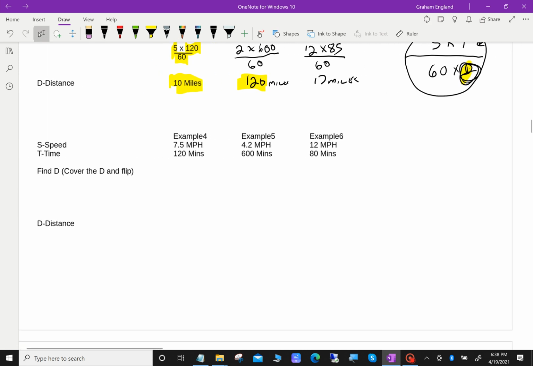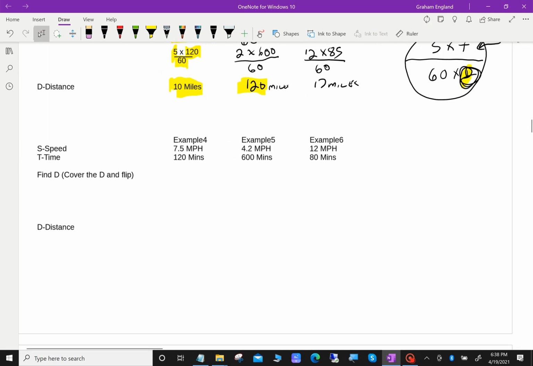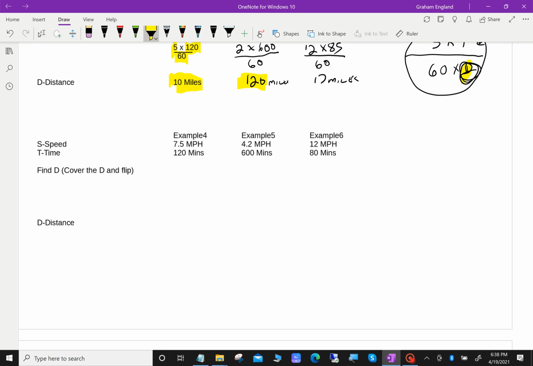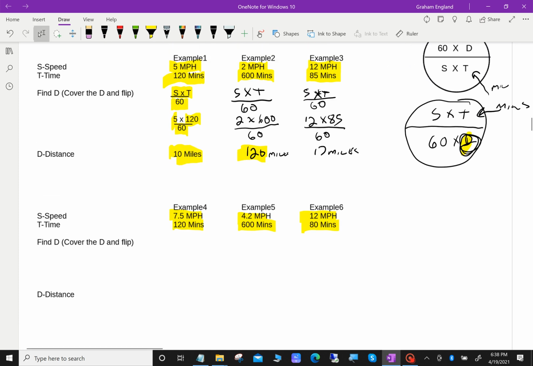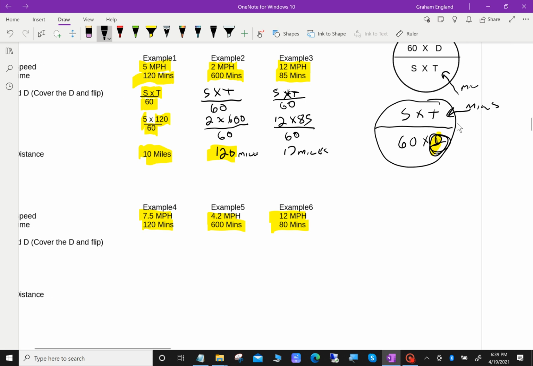So again, it's cover up. We know what the times are, we know what the minutes are, we know what the speeds are, and it's easy to figure out. So we do 60D street, but D is in the top, so we do it upside down, and then we do speed times time over 60, and it's 7.5 times 120 over 60.